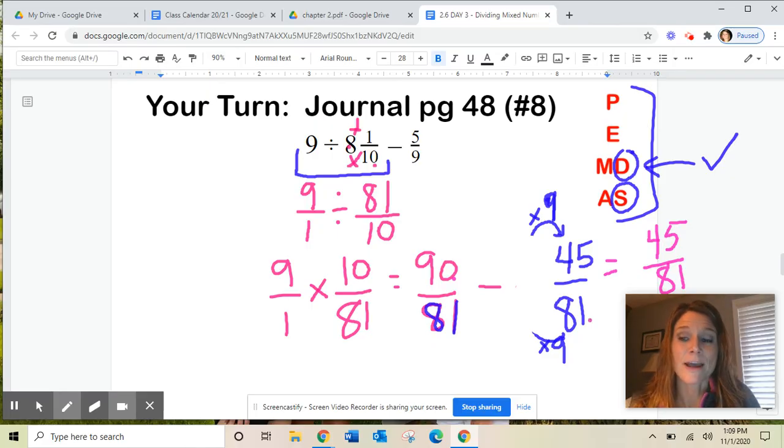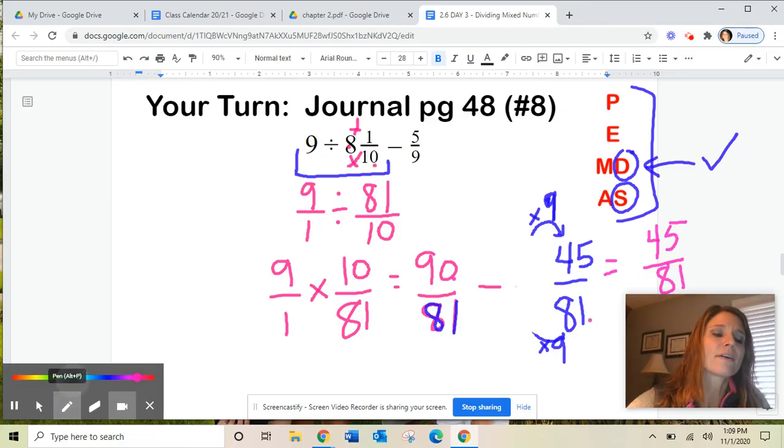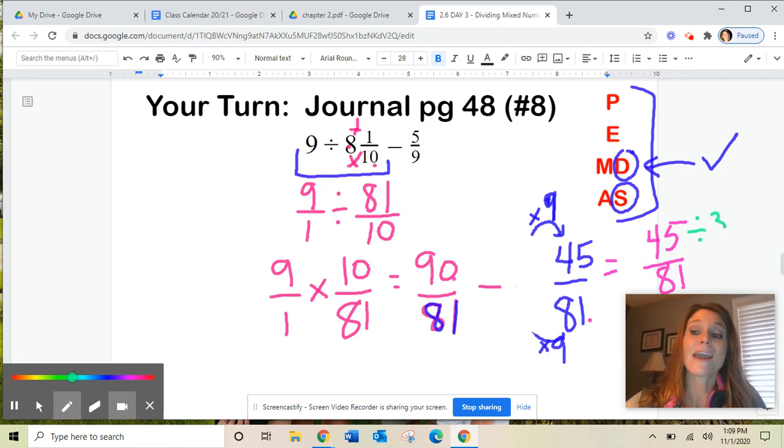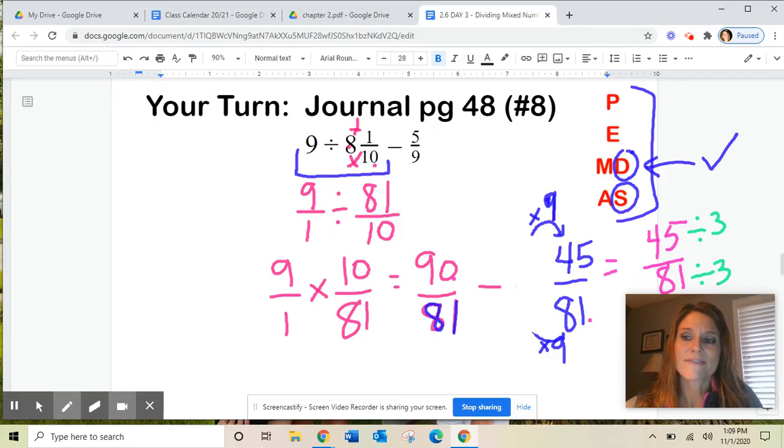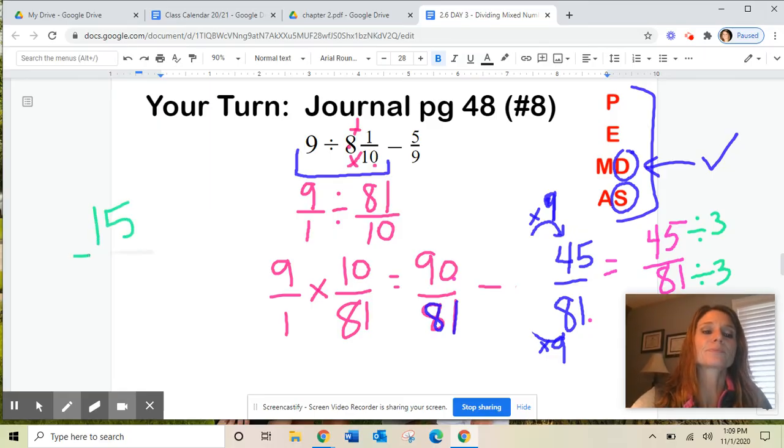Now we need to simplify. I notice it's not improper, so this will not be a mixed number answer. But the question is, do they have any common factors? And they have some. So 45 divided by 3 would give me a 15.